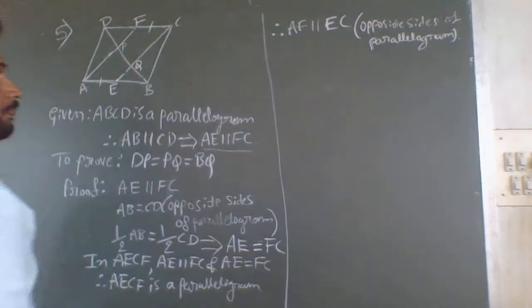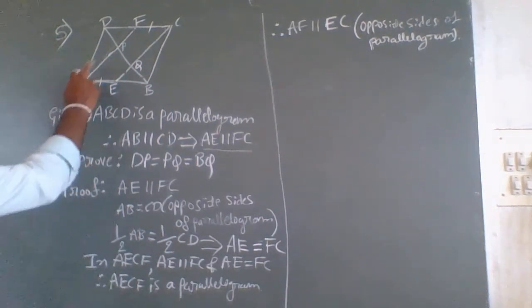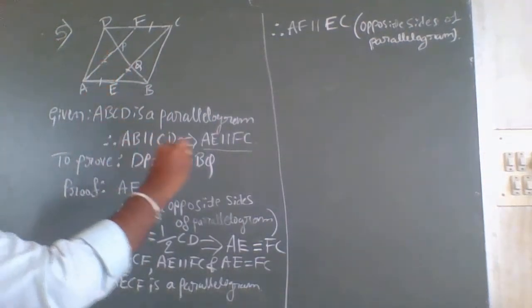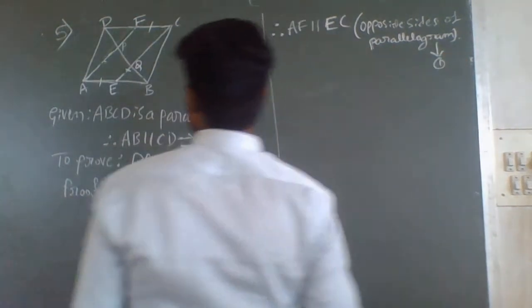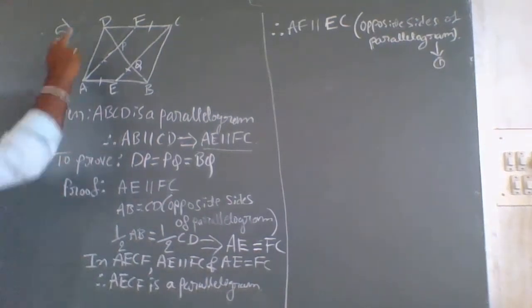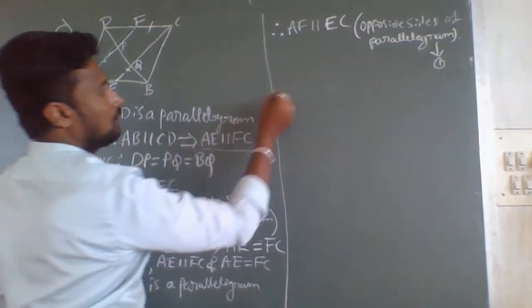So now these two sides are parallel. We proved this, and I will consider this as 1. Now I will consider triangle DQC.